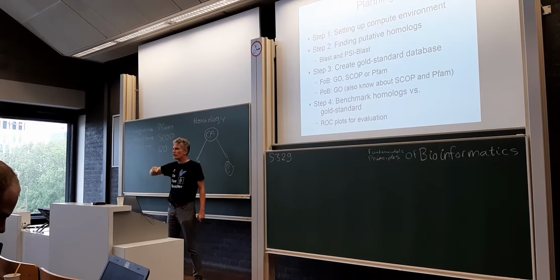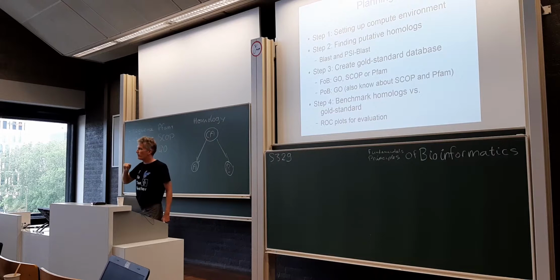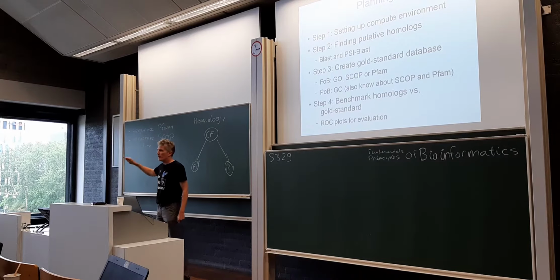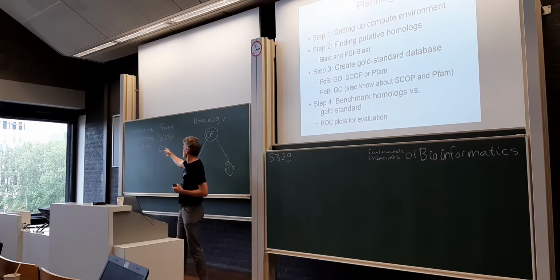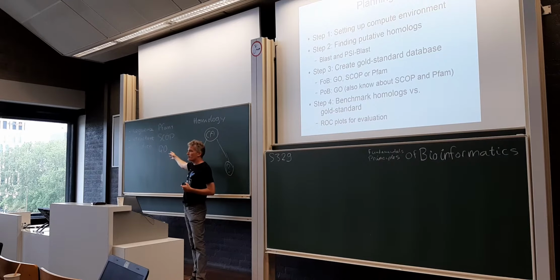If you're from computer science, this might be very confusing to you because ground truth is supposed to be ground truth. You should be able to rely on that. Well, welcome to biology. This is what we know. We don't have anything better than this. Well, there's other databases, you can combine them, right?